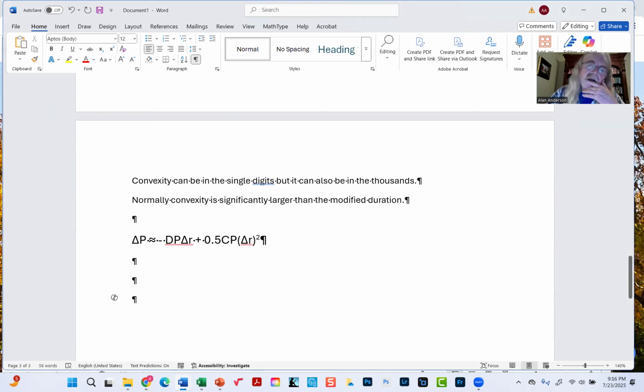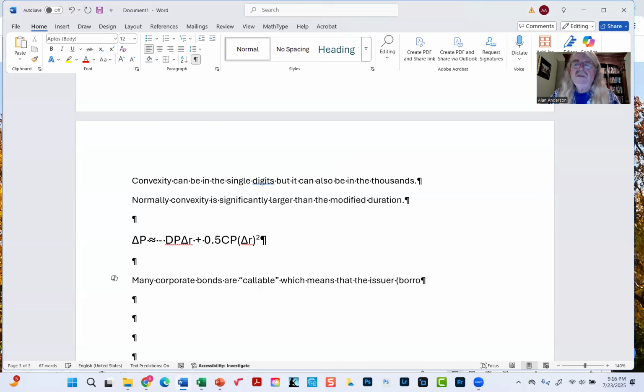Now, other circumstances can affect the convexity of a bond. This is something we haven't gotten too deeply into just yet, but many corporate bonds are what are called callable, which means that the issuer or borrower retains the right to repurchase the bond prior to its maturity date at a predetermined price.